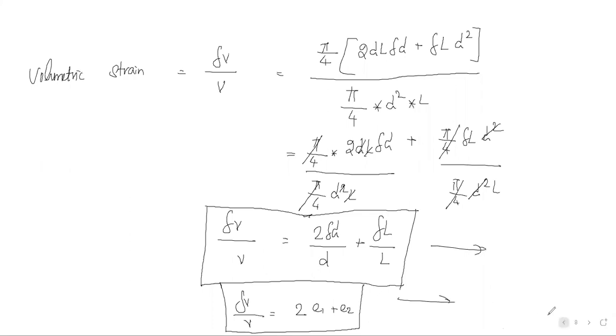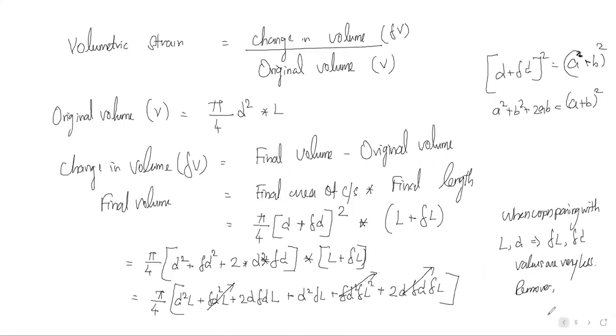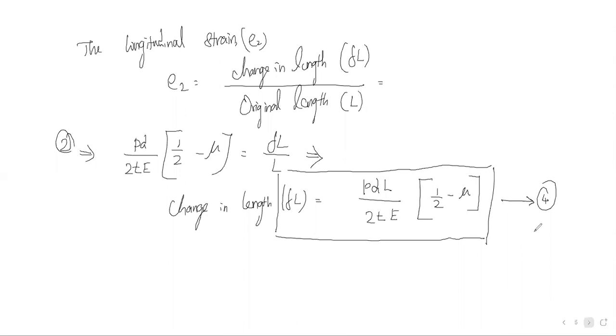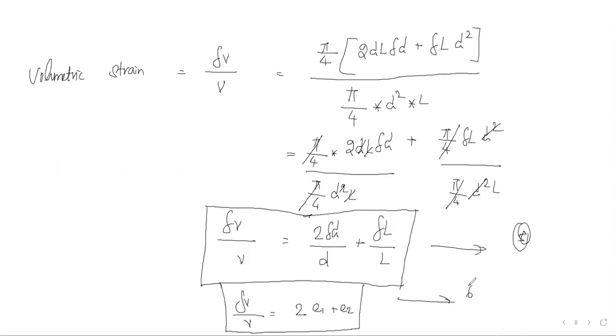Instead of E1 and E2, I'm going to substitute this. So equation number 5 and 6. If I substitute E1 and E2 values in equation 6, then equation 6 becomes del V by V is equal to 2 into E1.